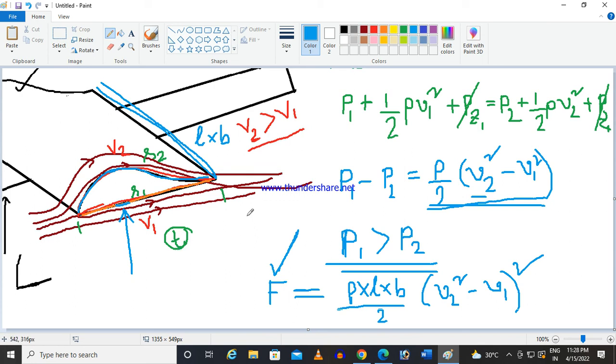So this F will work in this direction and the entire weight of the aircraft will work in this direction.